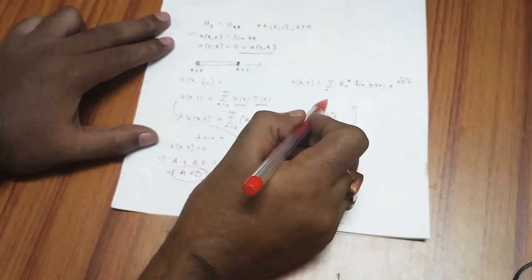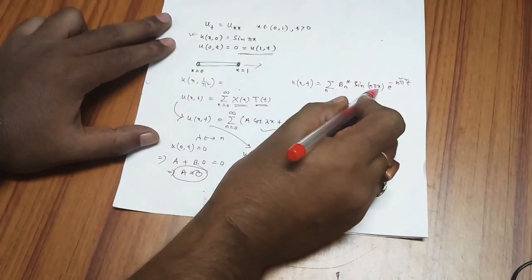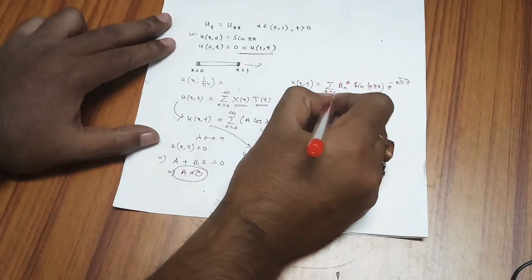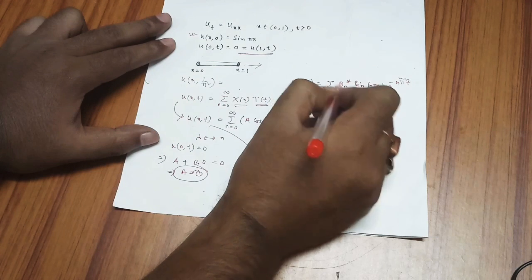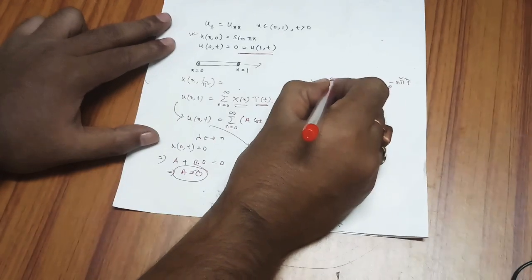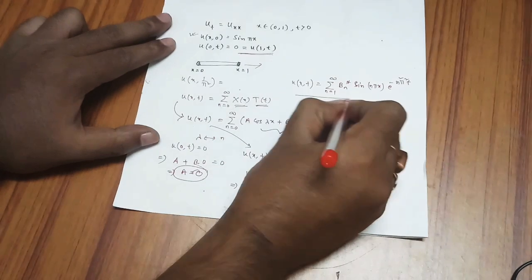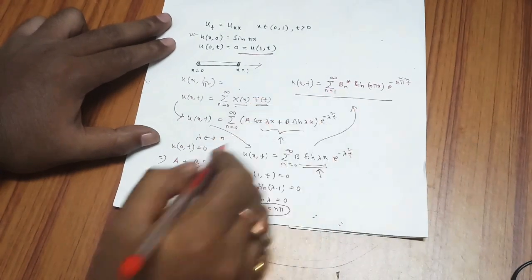Obviously, for n equals 0, the whole term vanishes. After that, you get n equals 1, 2, 3, and so on, so the summation will be from n equals 1 to infinity. So this is the whole expression for your u(x,t).